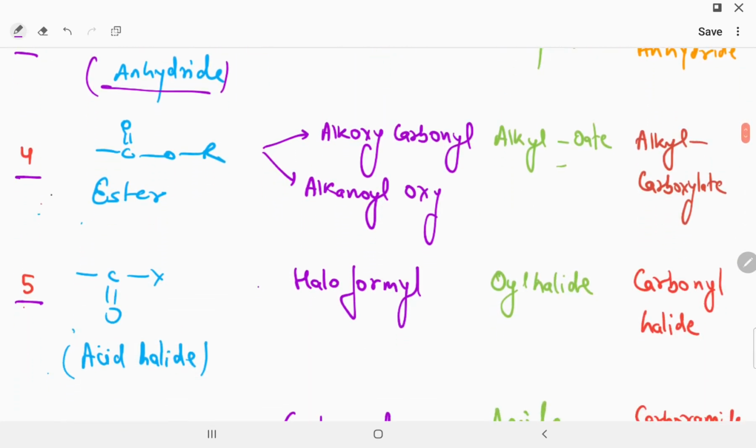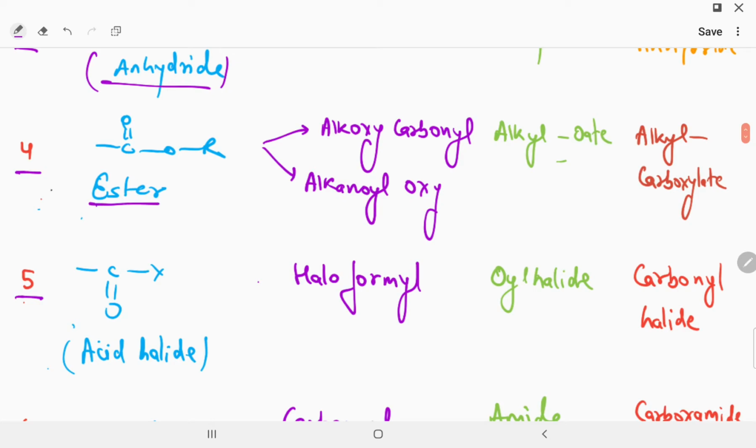The fourth priority is ester, C double bond O, OR. This R is a carbon-containing group, or we can say an alkyl group. Its prefix is alkoxycarbonyl or alkanoyloxy.